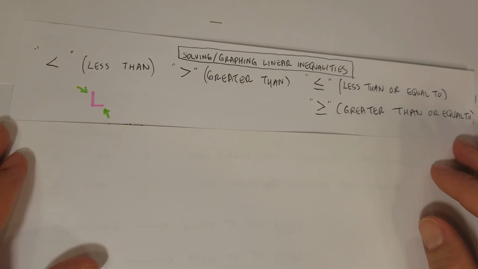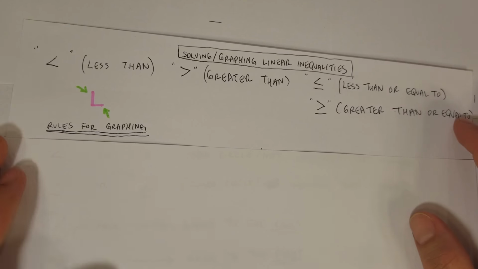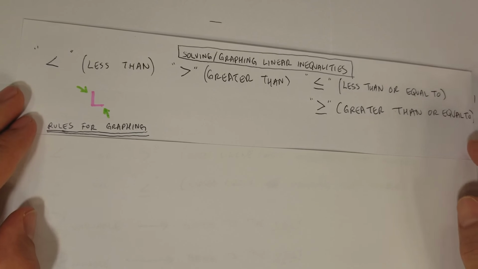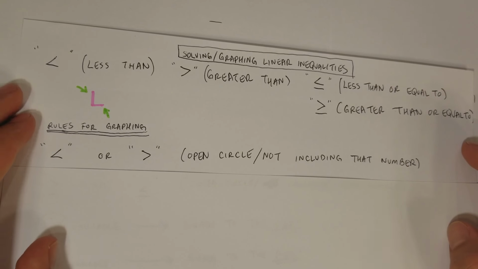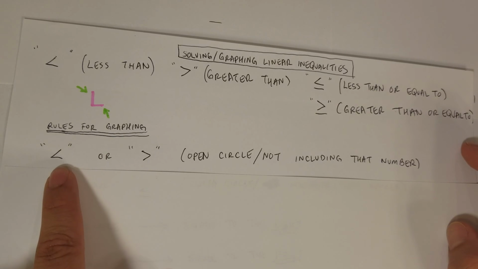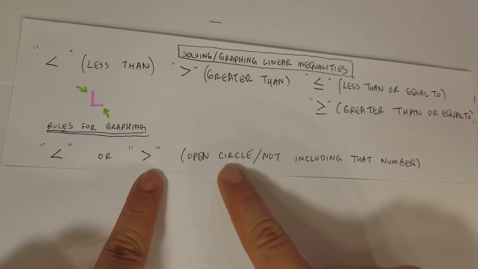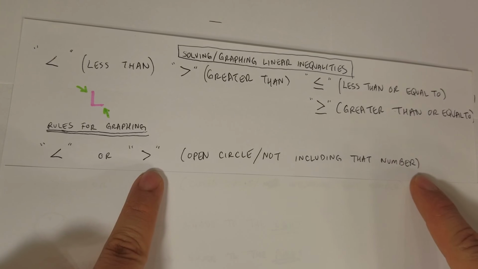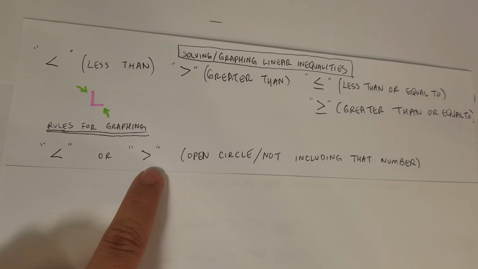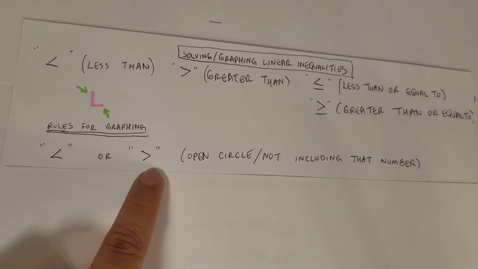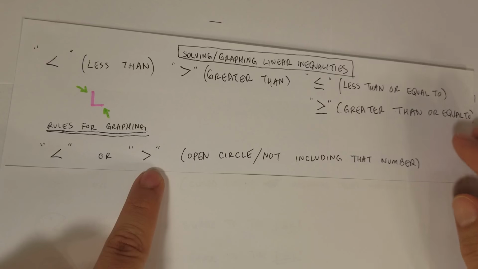Okay, now that we have the symbols worked out, there are a few rules for graphing inequalities. If we have the less than or greater than symbol, as in they do not have the line under it, that means we're going to have an open circle, which means we're not including that specific number. All the solutions could be either above or below that number, but it's not including that number.